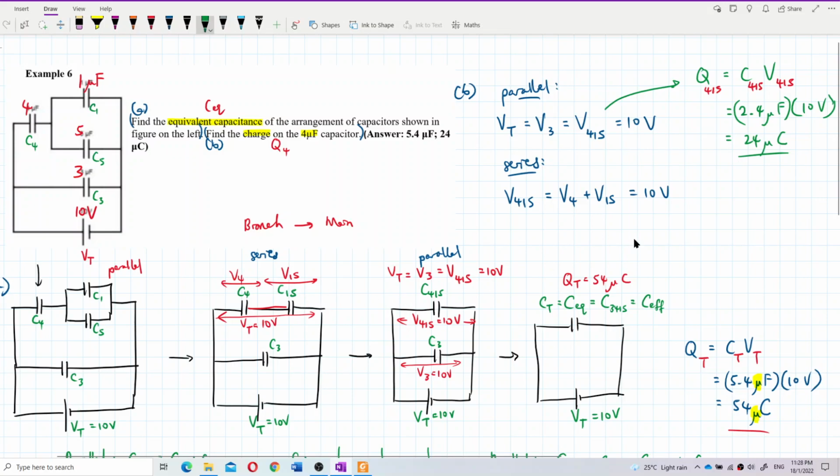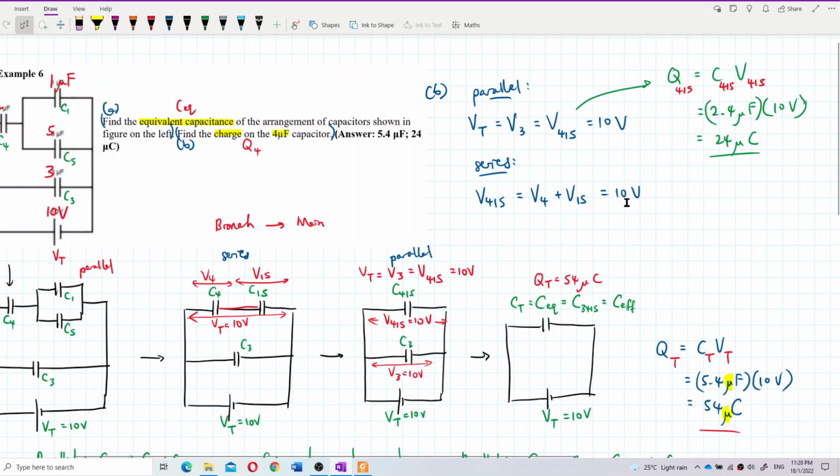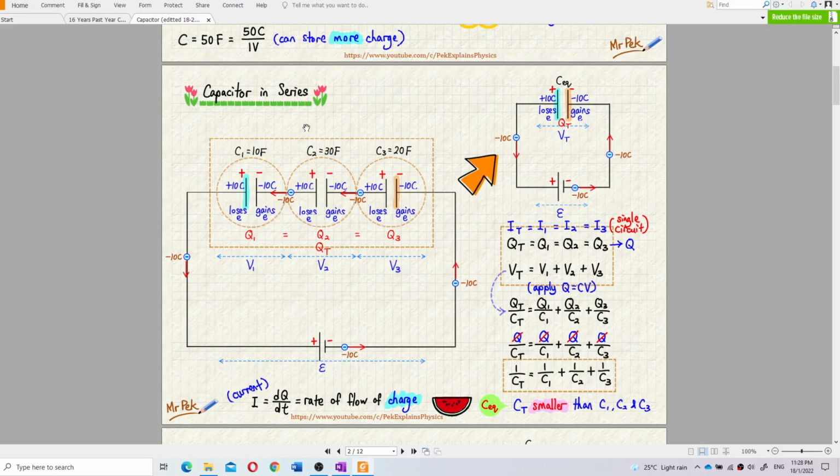In series, I better not use the voltage; I use the charge. About series, the charge is the same: Q total equals Q1 equals Q2 equals Q3.